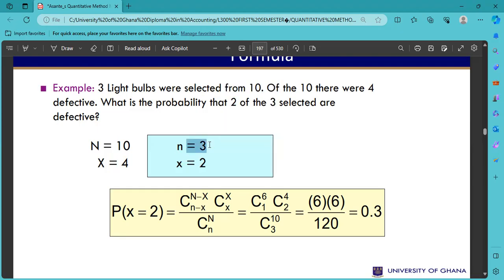So the sample size is 3, and the total number of bulbs is 10. The success in the population, the defective ones, is 4. So we put in the same thing: 10 minus 4 gives us 6, and 3 minus 2 gives us this one.